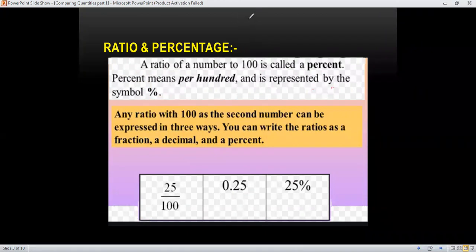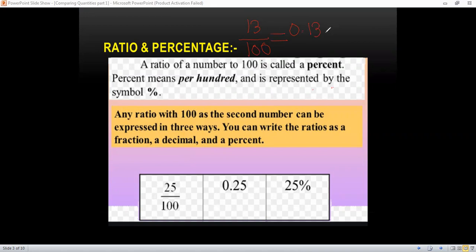If I take a number in fraction, 13 by 100, whenever the denominator is 100, the number is said to be in percent. We can write 13 by 100 as 0.13.